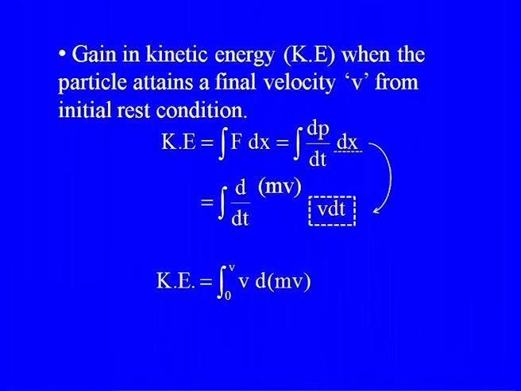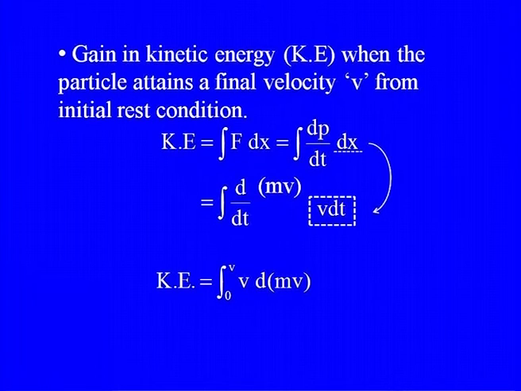Just see the region next to F dx, and you see that under the integral sign you have dp/dt, p being the momentum gained, and dx is the displacement anyway. So how do you write this momentum? You know that momentum is the mass times the velocity. So we write d/dt of mv, and then for dx we just write v dt.